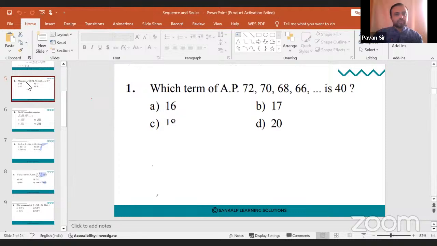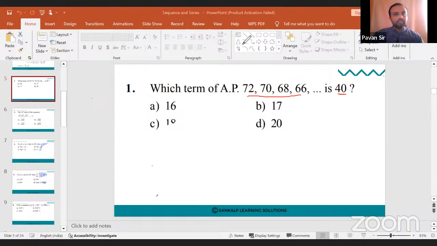So the first question. Which term of an AP 72, 70, 68, 66 and so on, up to n, that is, the nth term is not given, is 40? Which term of the AP will become 40? Just try to understand, try to solve now.